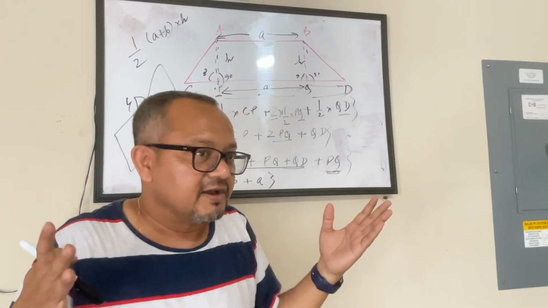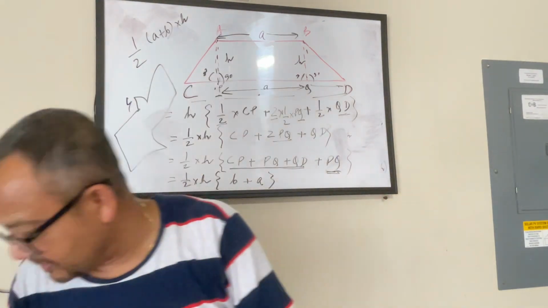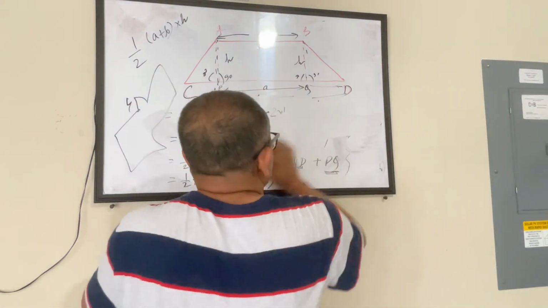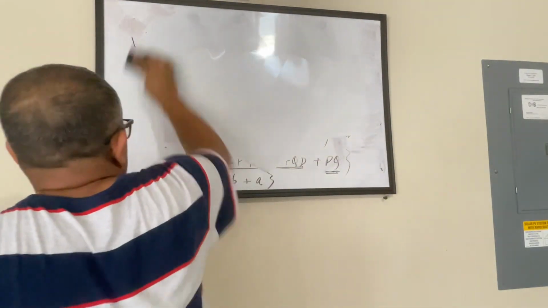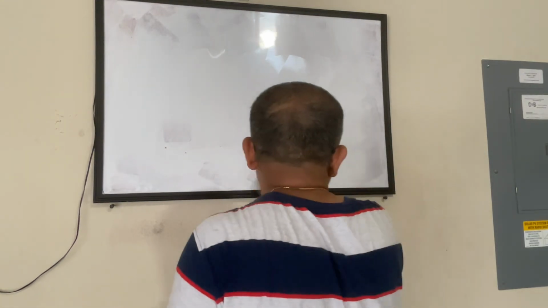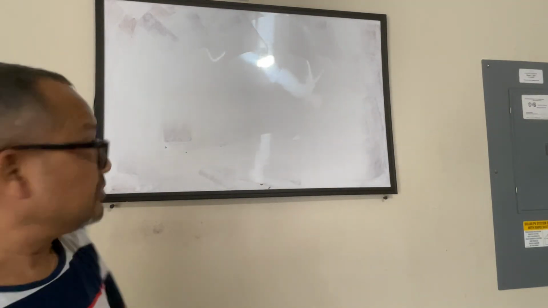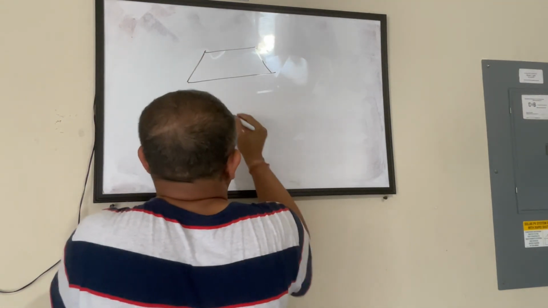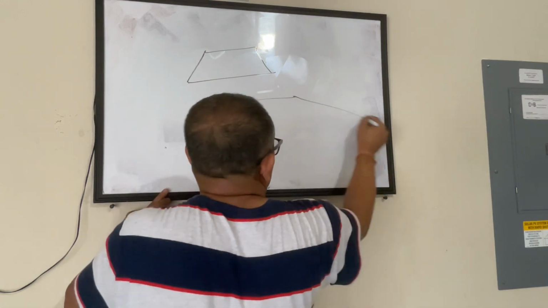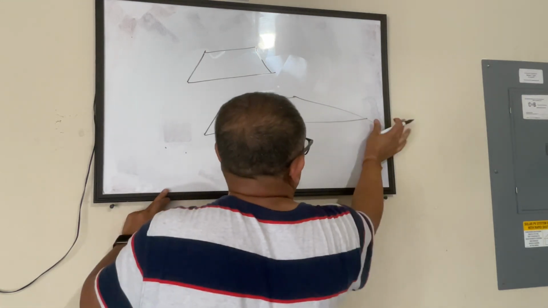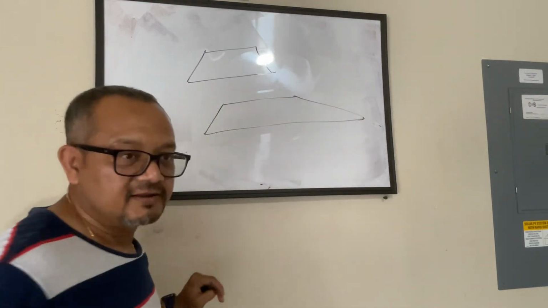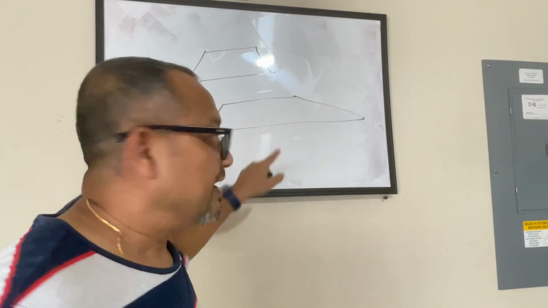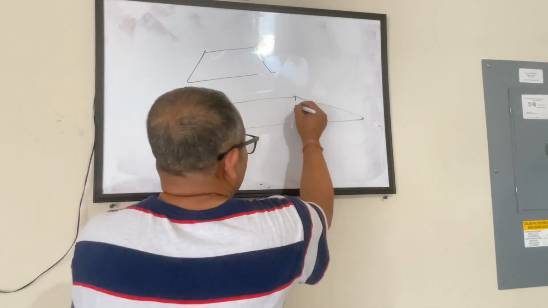So if you are looking at a trapezium, it can really go nasty. You can have a trapezium like this. You can have a trapezium like this. Here, this triangle and this triangle by no means can be congruent.